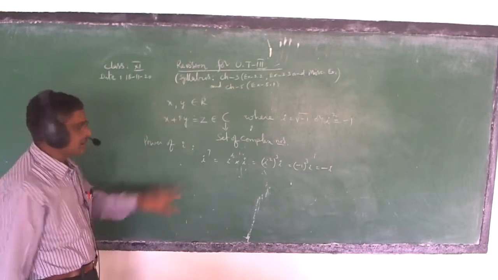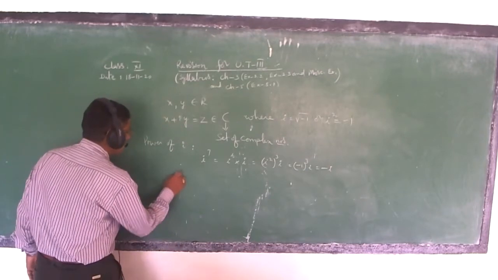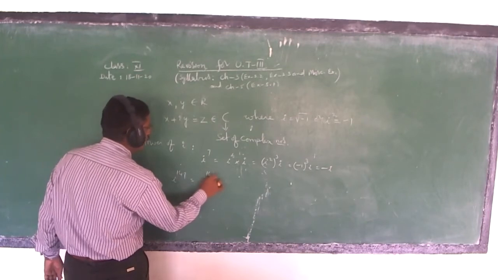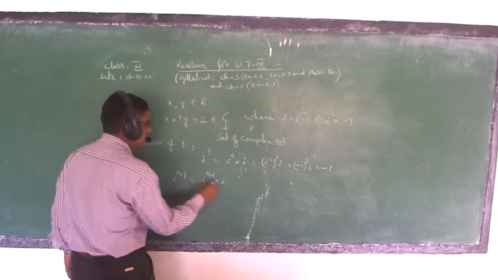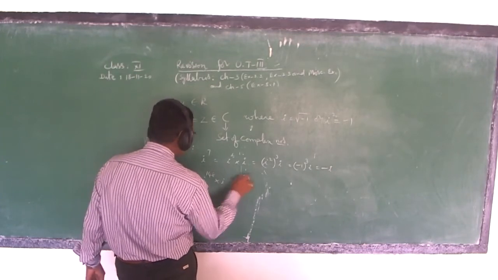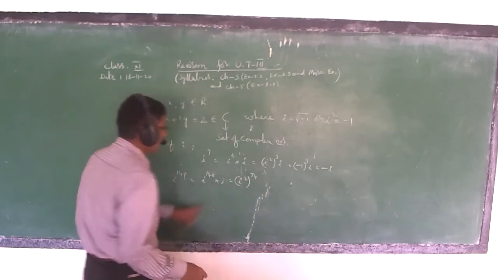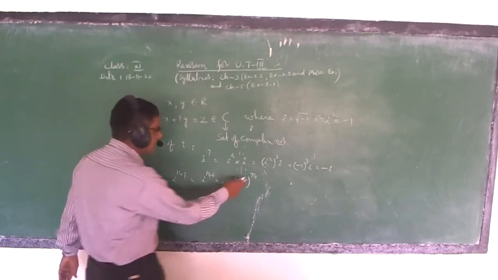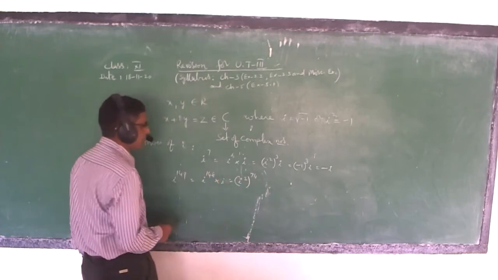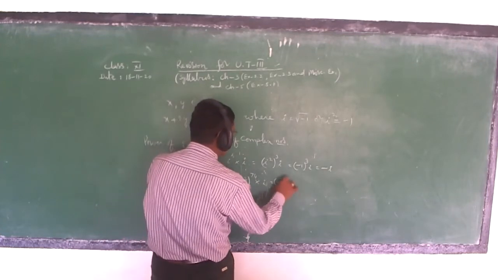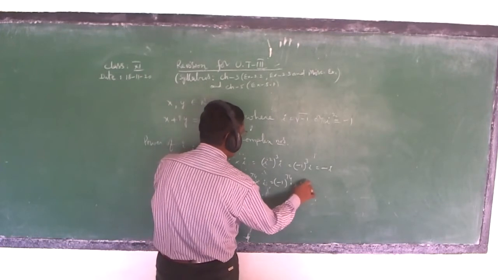And i power any number you can find out in this way. Let us suppose i power 149. This can be written as i power 148 multiplied by i. This i power 148 can be written as (i square) whole power 74, because (a to the power m) whole to the power n is a to the power mn. That is how 2 into 74 is 148, multiplied by i. Here i square value is minus 1, whole power 74, multiplied by i.